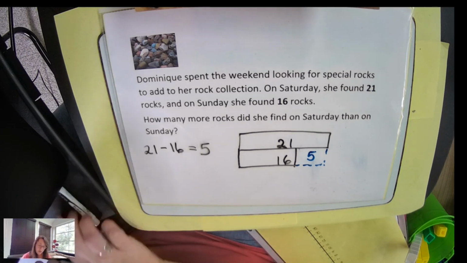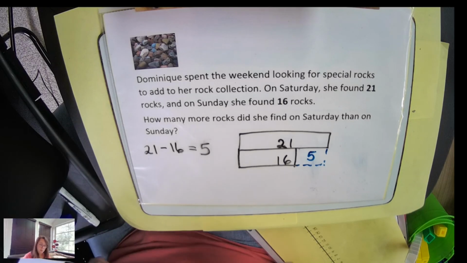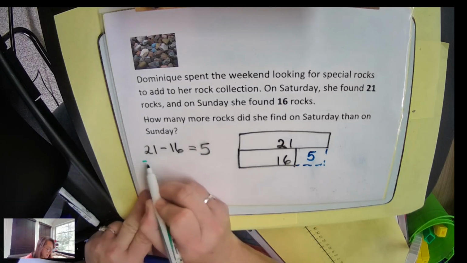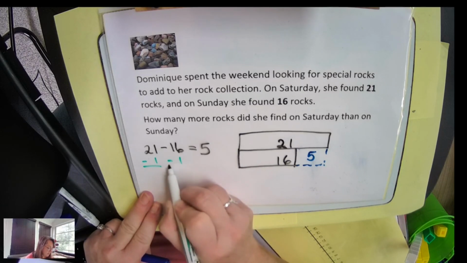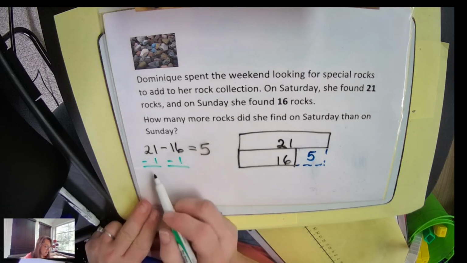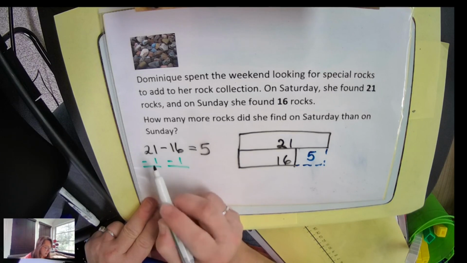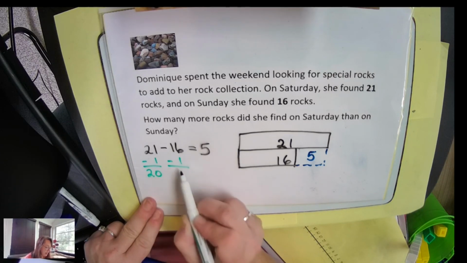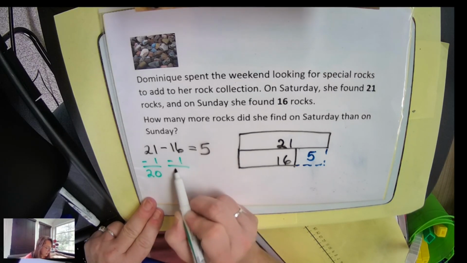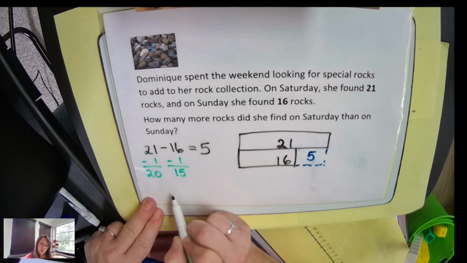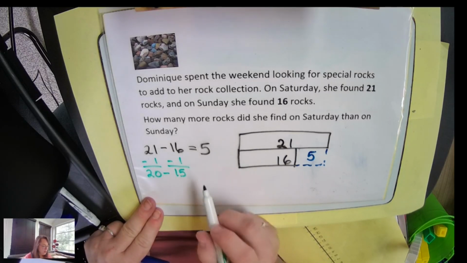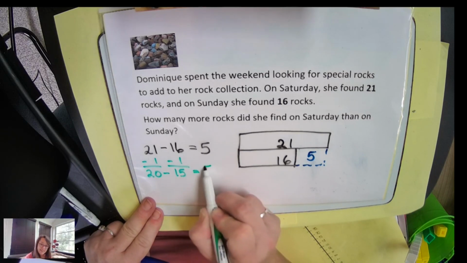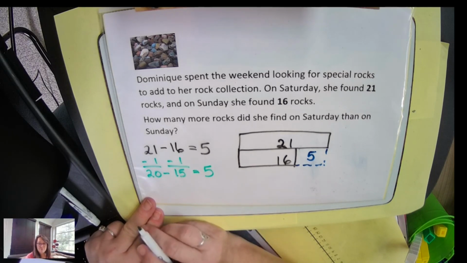All right, so to make this a friendlier problem, Daniel subtracted 1 from each of the numbers. So 21 minus 1 is 20, and 16 minus 1 is 15. So 20 minus 15, we already know, is 5.